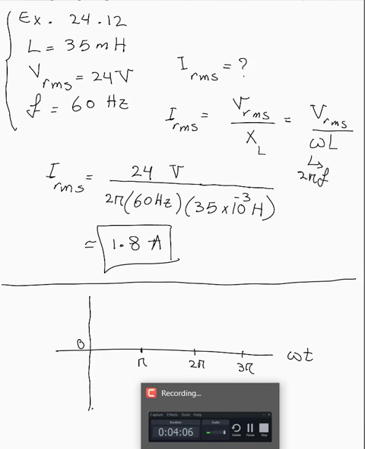Alright, if I want to plot the voltage and current with respect to omega t, so if I have the current like this, which is a sinusoidal wave, so this is my current, then the voltage will reach the maximum value before the current.